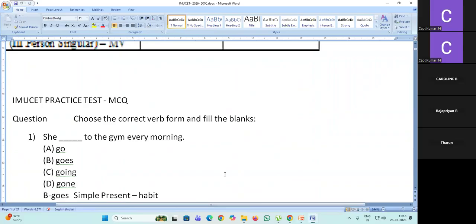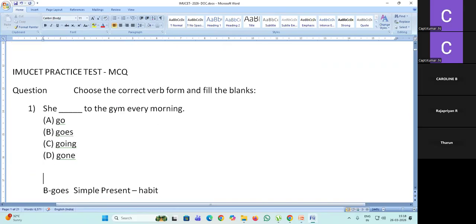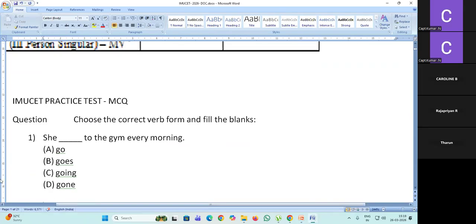Okay, now let's discuss some of the MCQ questions, which will help you to attend the exam in a better way. So, practice test questions. She dash to the gym every morning.